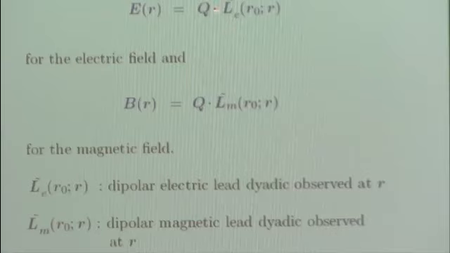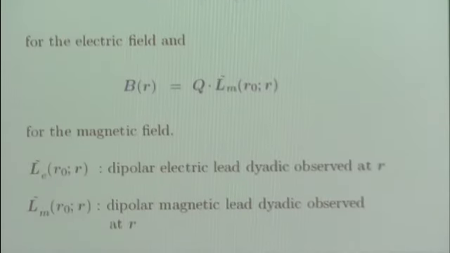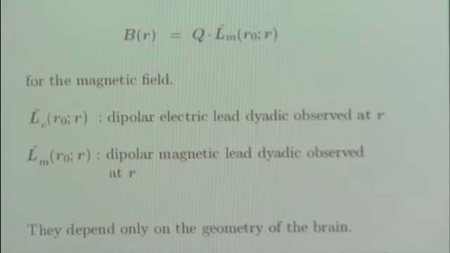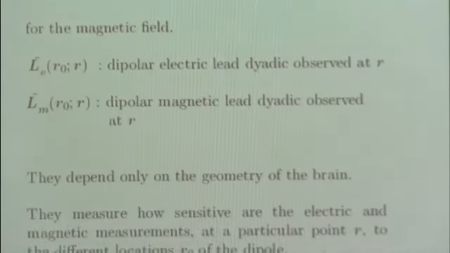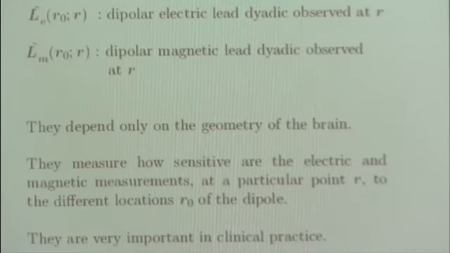The moment enters linearly, so you can isolate the moment and you are left with this dyadic field, a second rank tensor, which depends only on the geometry of the conductor, the geometry of the brain.